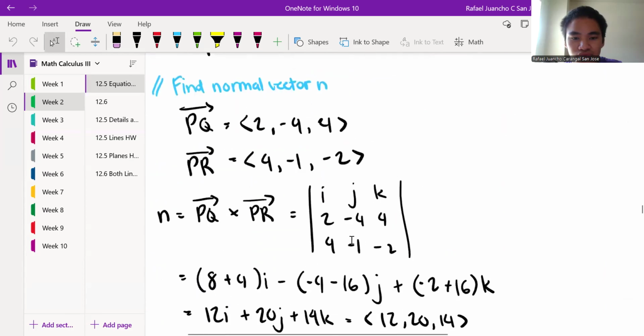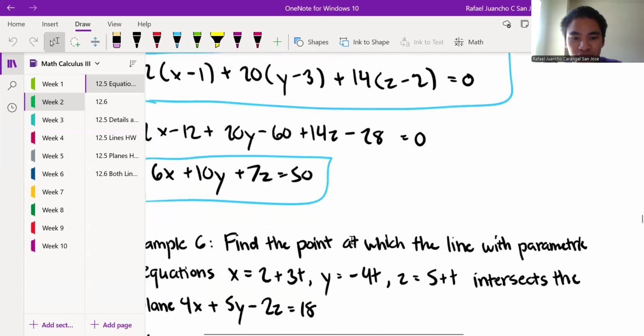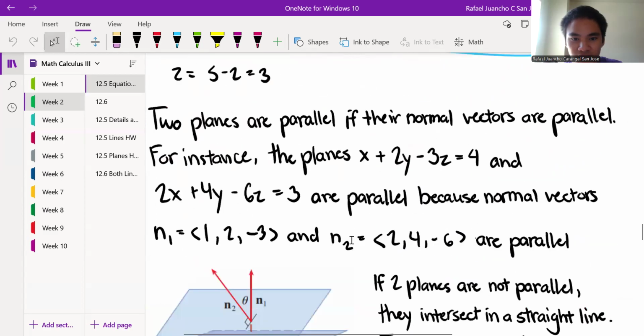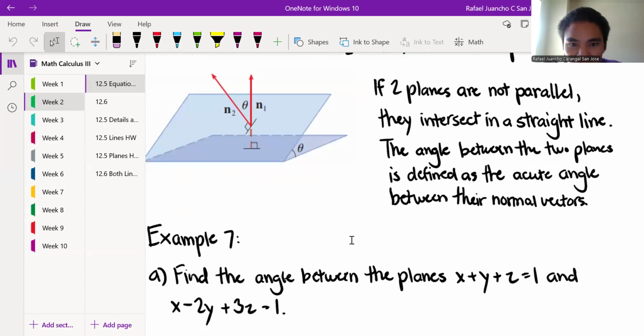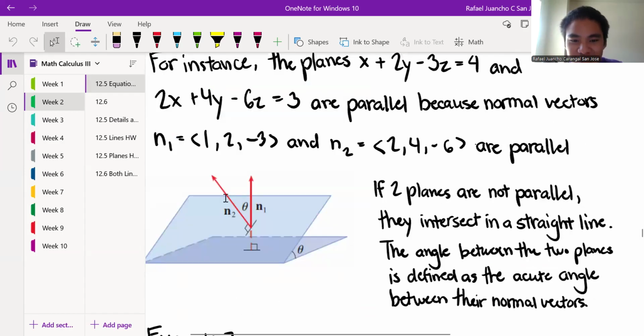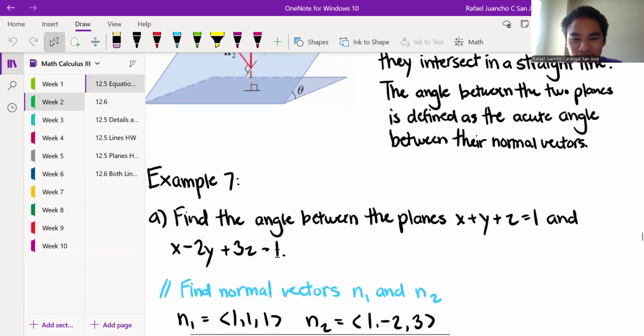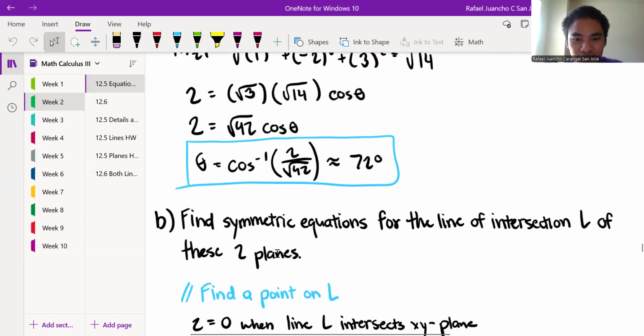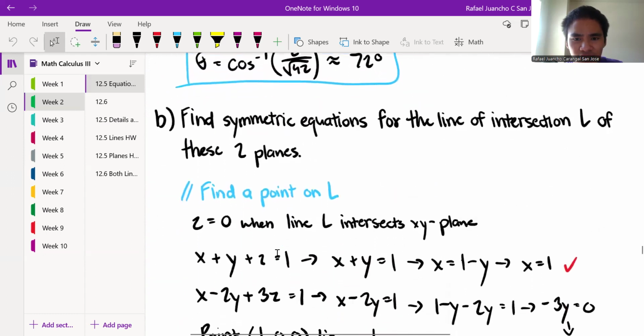Cross product. Yeah. Find the point. This is the other problem, right? Where you had to use the dot product to find the angle.